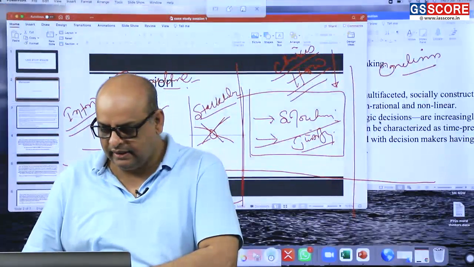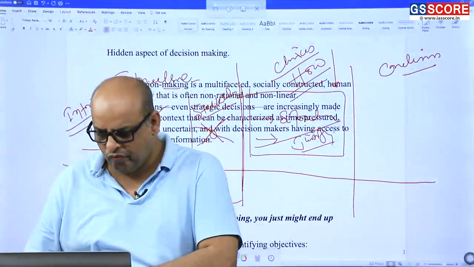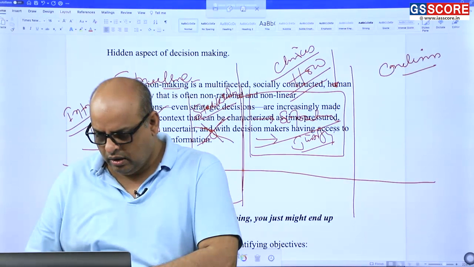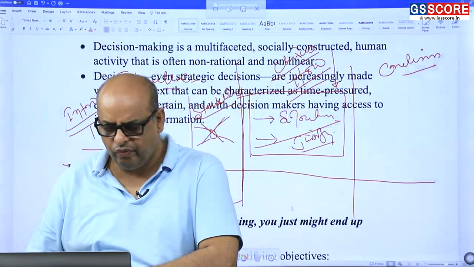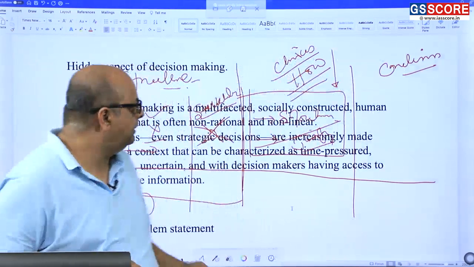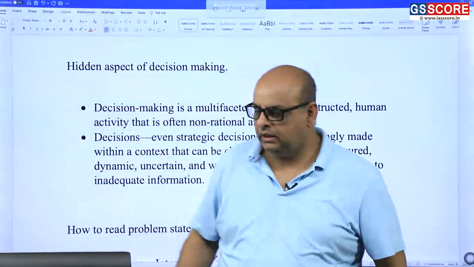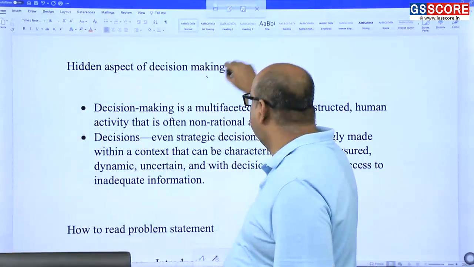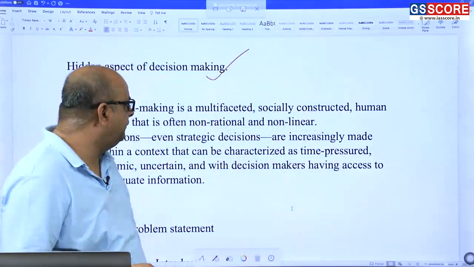And then comes another aspect, some hidden aspect, certain things which students sometimes ignore. Fine. So you see this hidden aspect of decision making where you people commit mistakes, and what are the things that you should avoid and keep focus on.